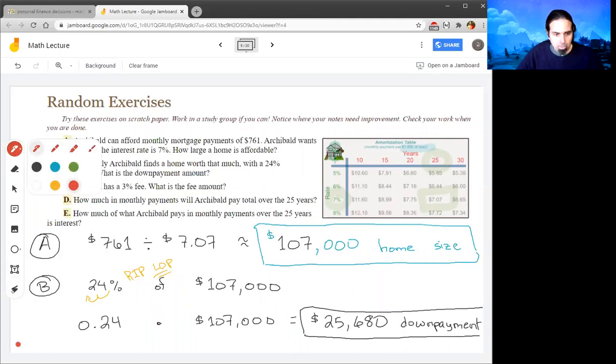So I'm going to say right here, in contrast to the previous video, the actual loan is the difference between these.